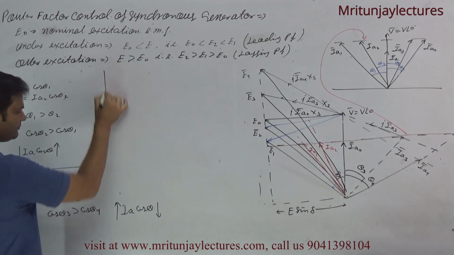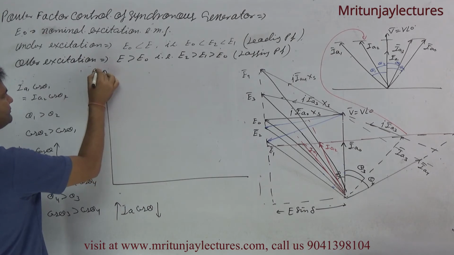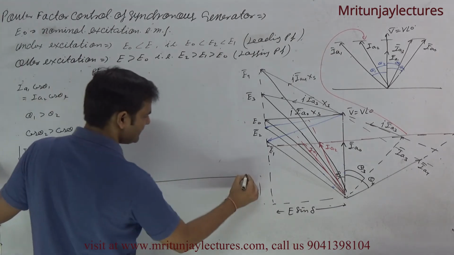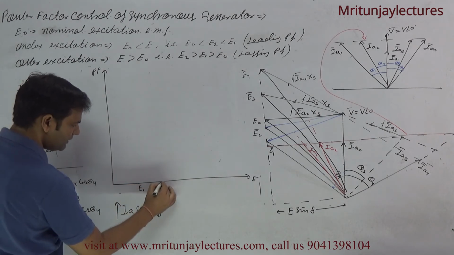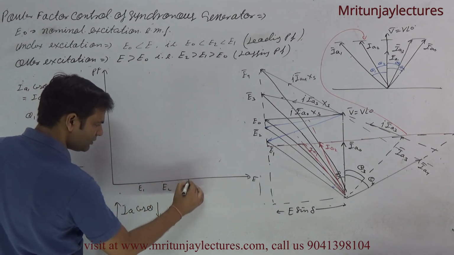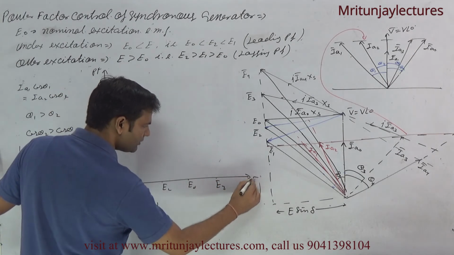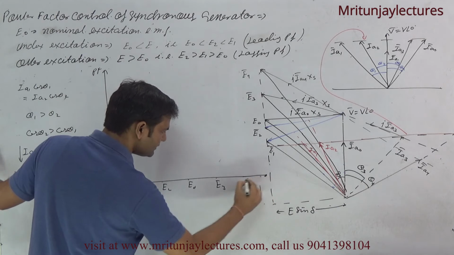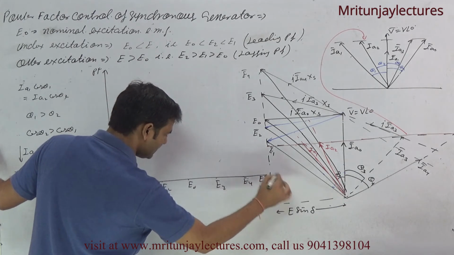Again, that is power factor versus excitation. Excitation, that is E1, E2, E0, E3, E4. Clear?